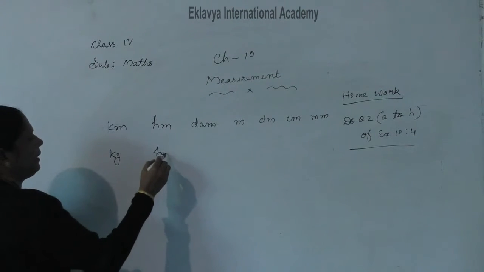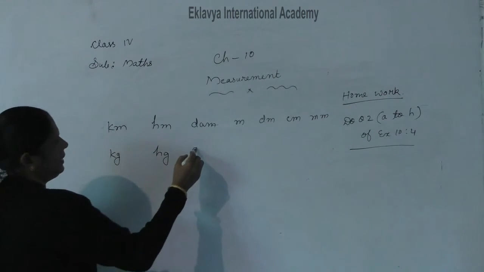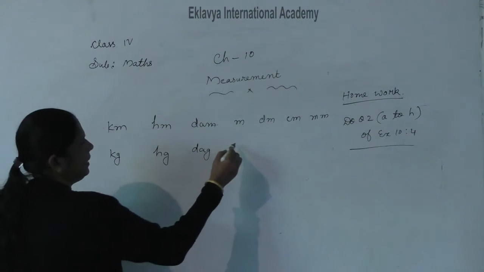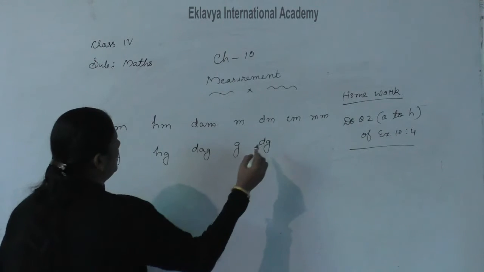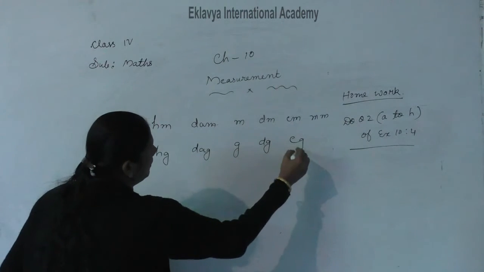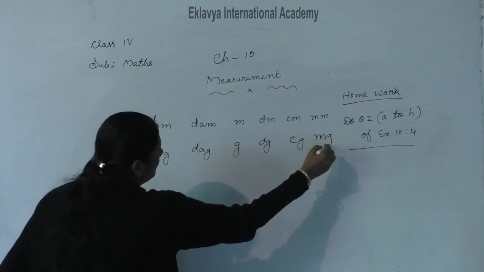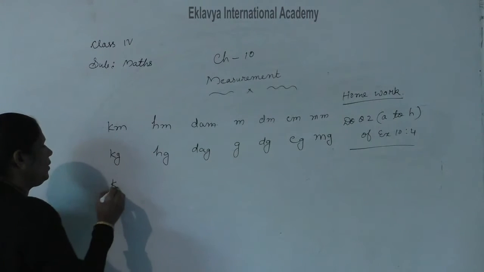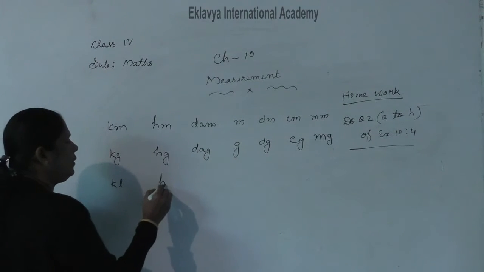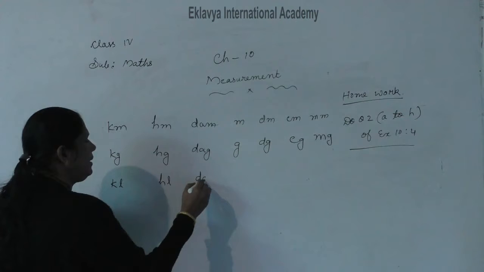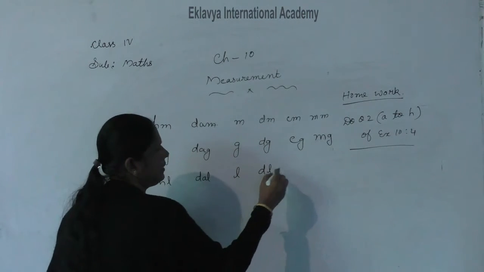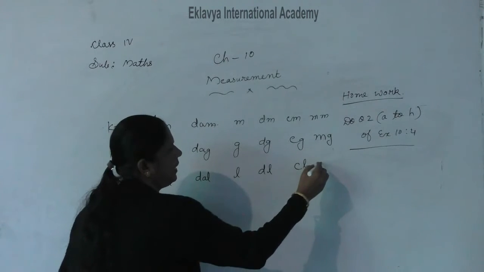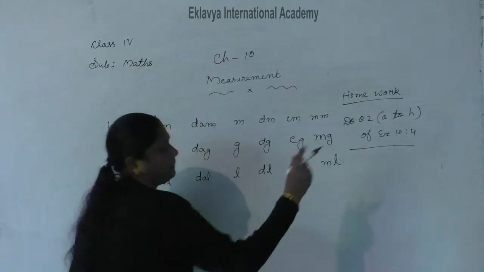Then next, kilogram, hectogram, decagram, gram, decigram, centigram and milligram. Next kiloliter, hectoliter, decaliter, liter, deciliter, centiliter and milliliter.